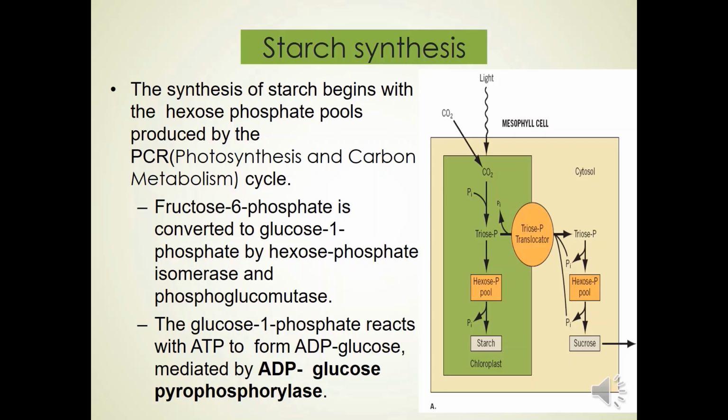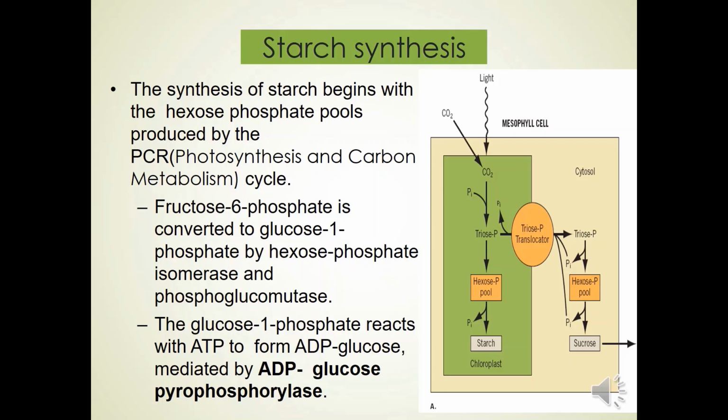Because starch synthesis occurs in the chloroplast. However, sucrose synthesis occurs in the cytosol of the mesophyll. So this process is interconnected between two syntheses, the starch and after that the sucrose.